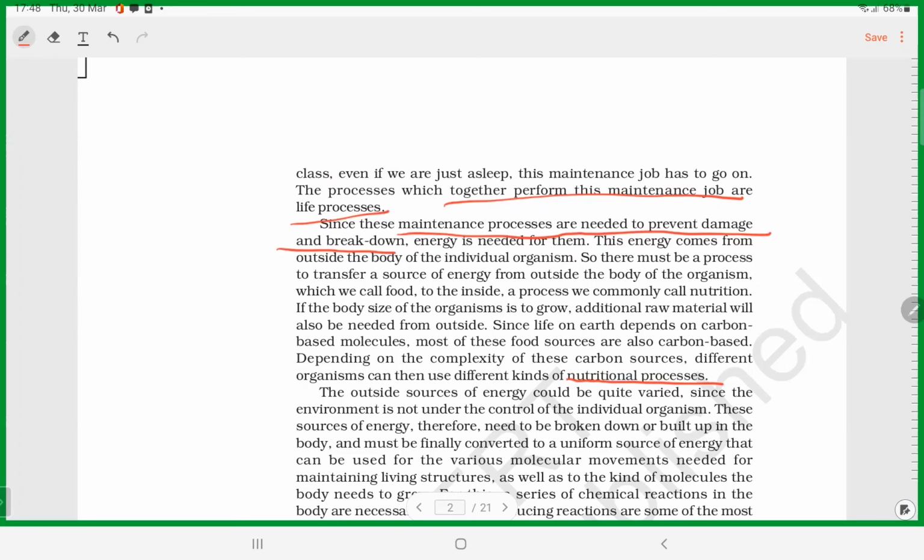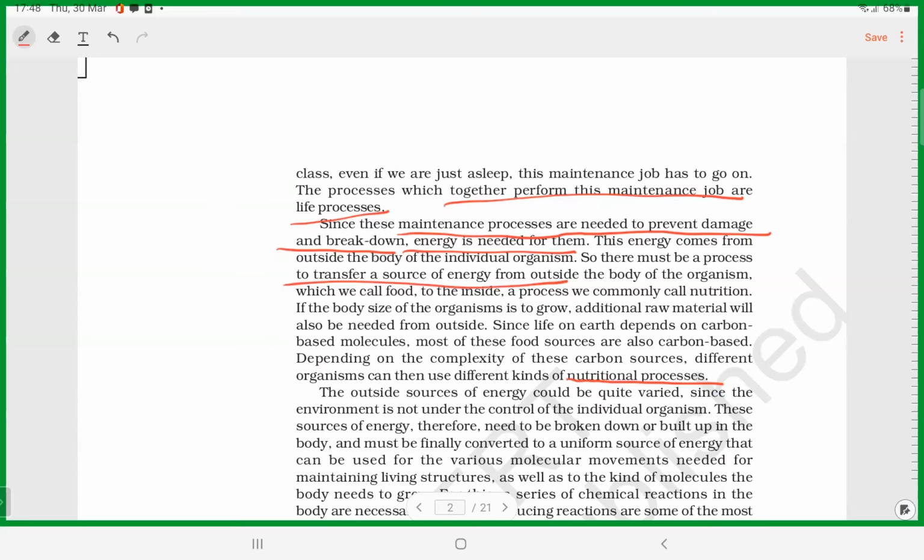Maintenance process is homeostasis. For that we need food which provides energy. In maintenance, waste should be removed, damages are repaired, good things are done constantly. For that you need food, so you have to supply the food from outside. We are heterotrophs, so only from outside are we going to take it.